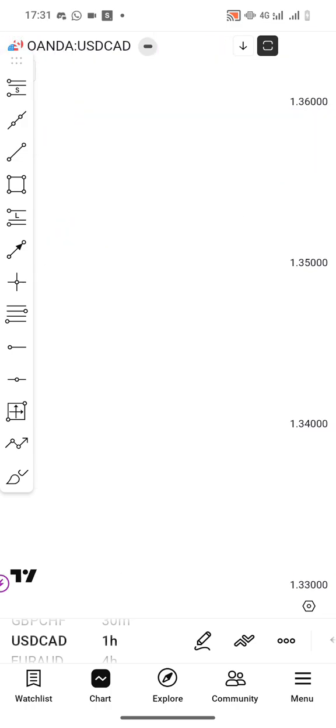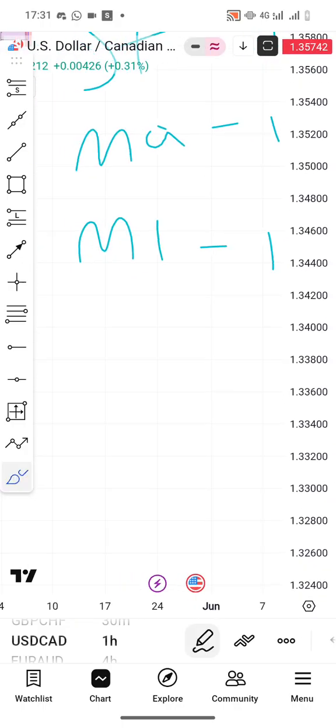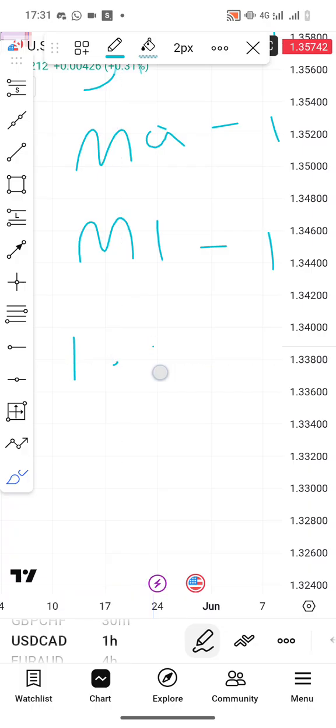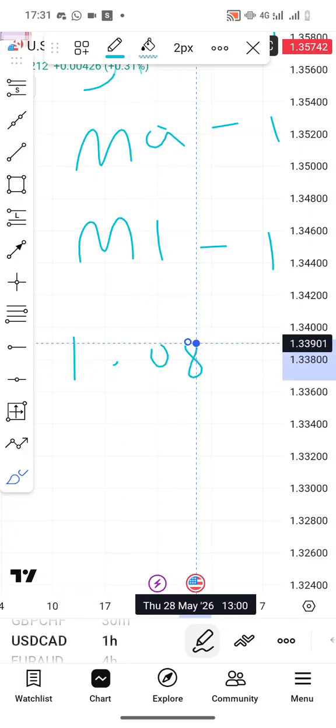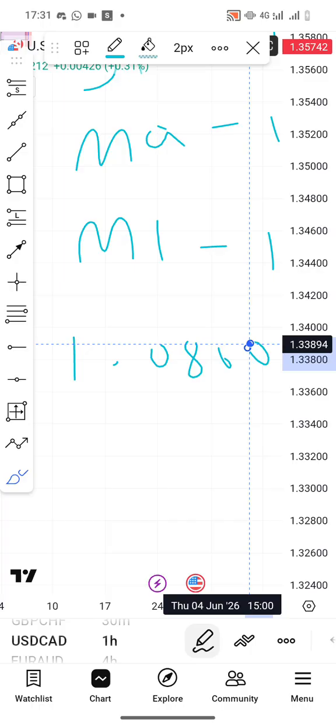So let's say right now we are buying Euro USD at the rate of 1.0860 in a 100,000 lot size account.